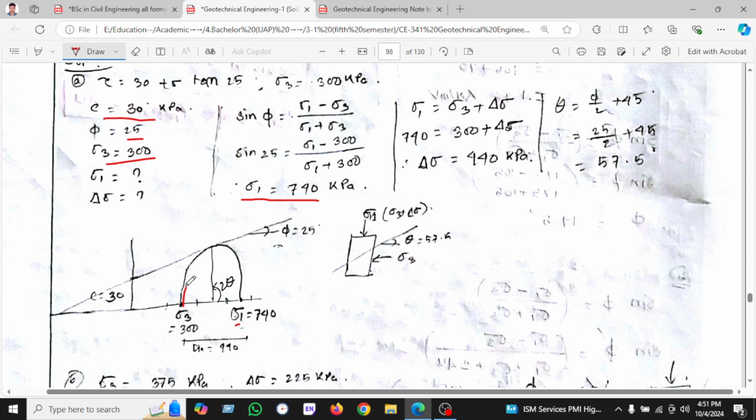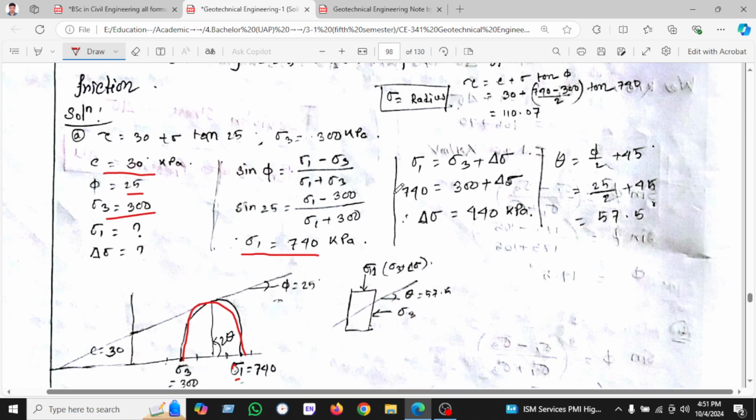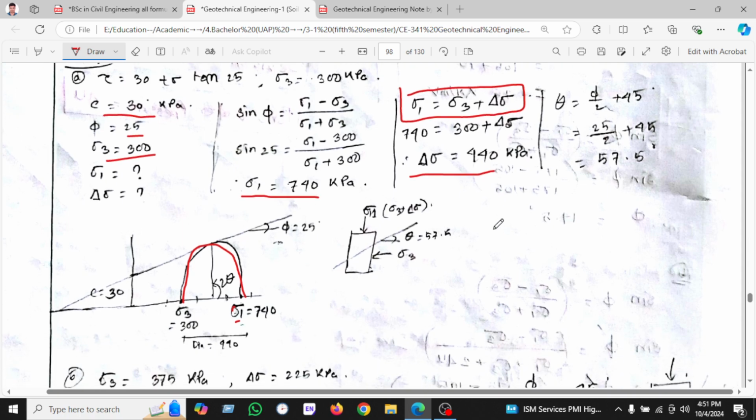Now we will draw this circle and find sigma 1, which is 740 kPa, and we will use this formula, sigma 1 equals sigma 3 plus delta sigma, and find delta sigma is 445.